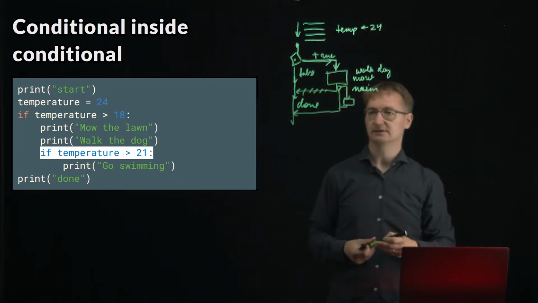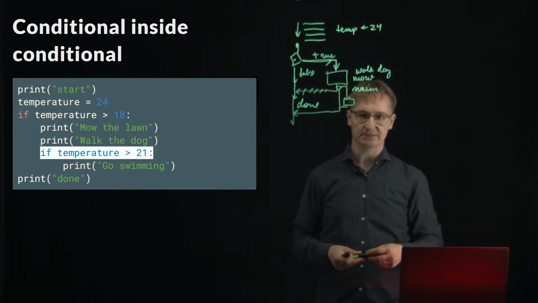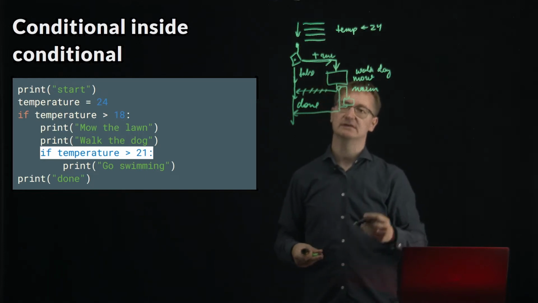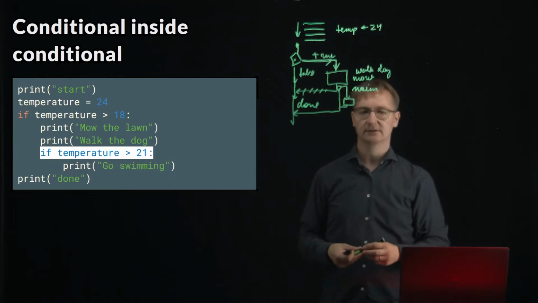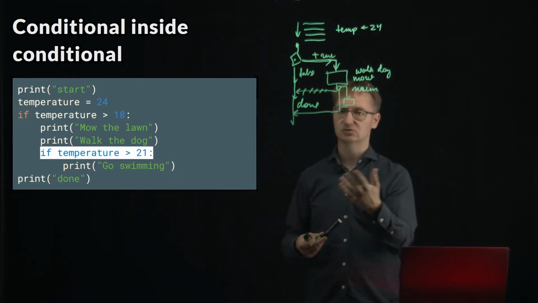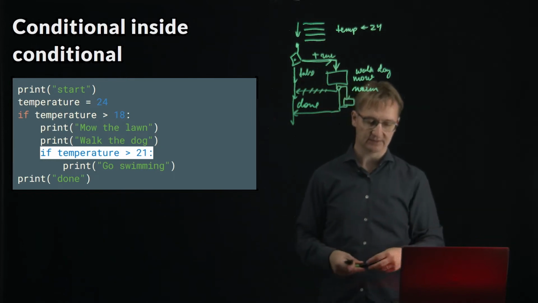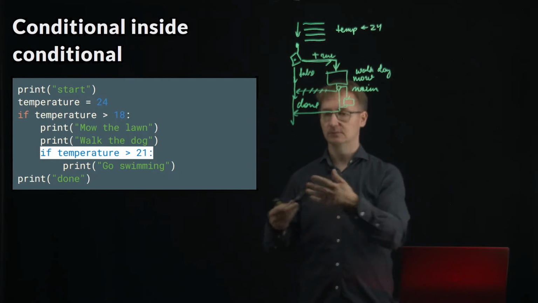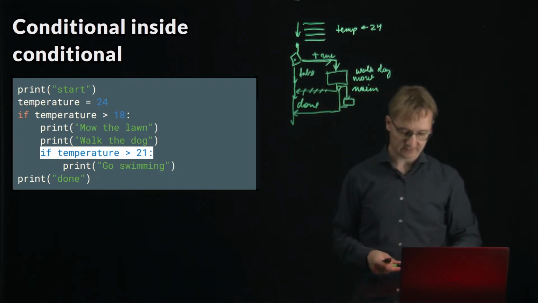So the idea behind the statements is the same. It doesn't matter whether it's inside another statement or not. Every time we have an if statement, if the condition is true, then we follow the code which is inside the if body. If not, then we just carry on the execution where we left off before the if statement.